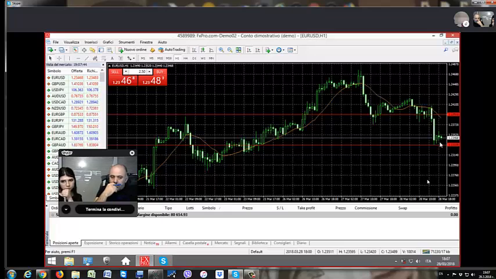And we remember never use the top of the grid and the bottom of the grid, but change your time frame. This is important.